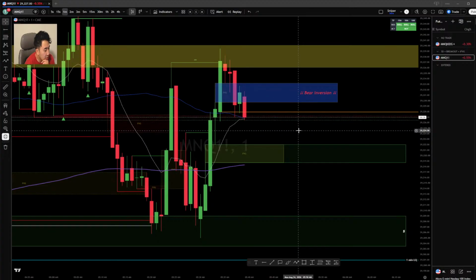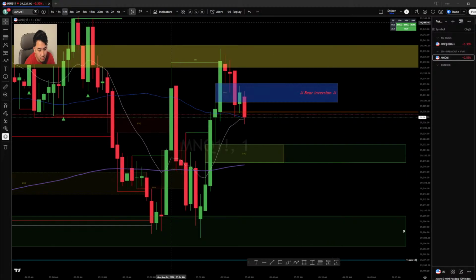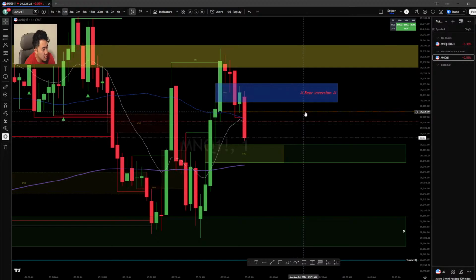This could be the candle that closes over this orange line. It looks like it's gonna do that.